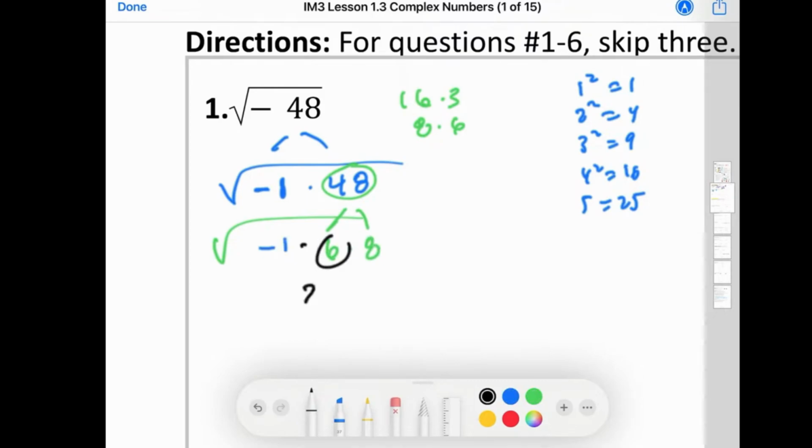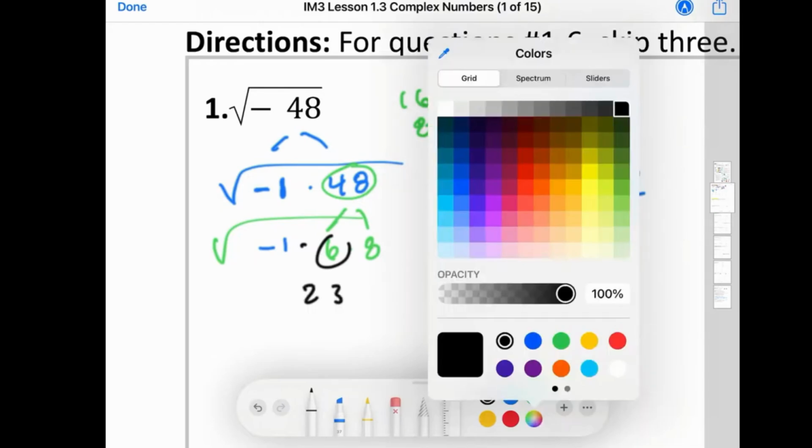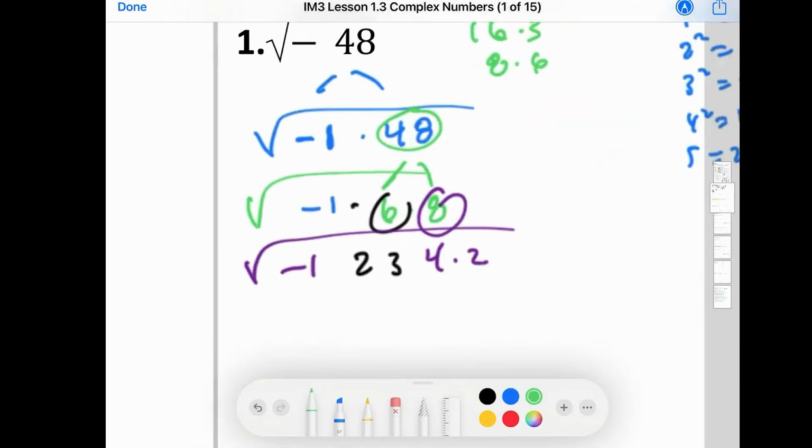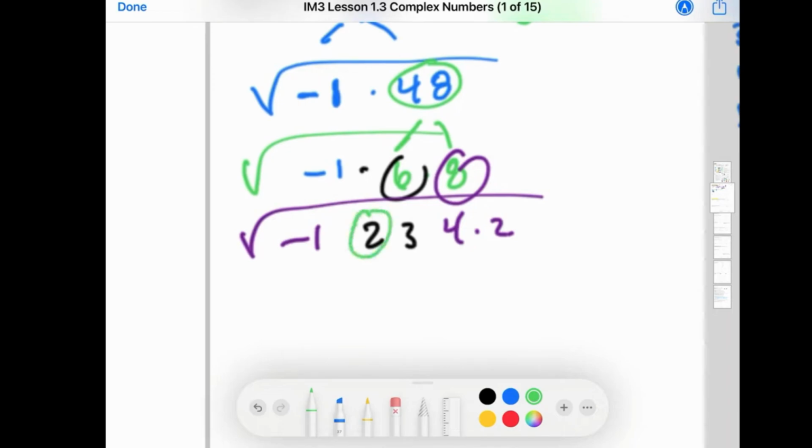And then 6 can be broken down into 2 and 3. And 8 can be broken down into 4 and 2. You don't really need to go all the way down. Okay, so you have a pair of 2's, so those come out. The square root of 4 is really 2 times 2.